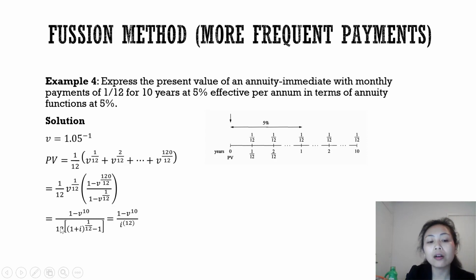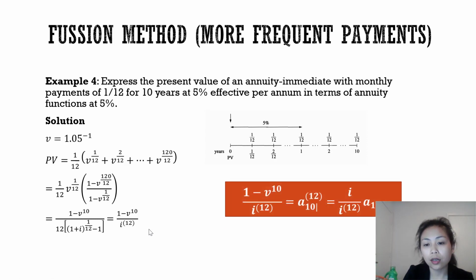And remember, on the lesson of measurement of interest, I have shown you the connection between the nominal interest rate and the effective interest rate. So 12 times (1 plus i to the 1/12 minus 1) is basically i to the top script 12, which is the nominal rate compounded monthly.